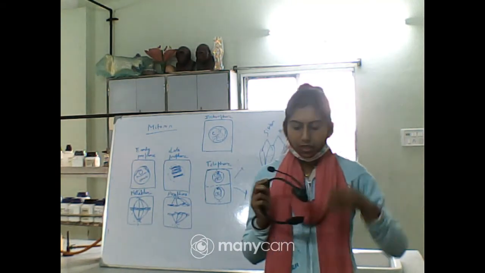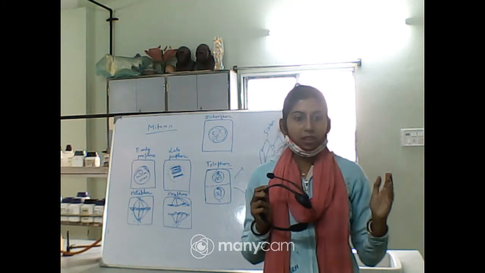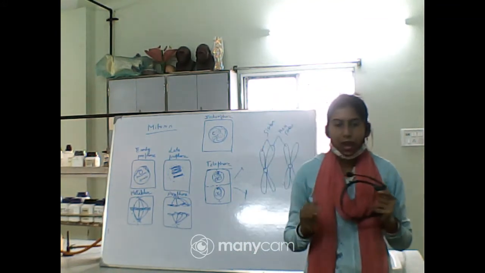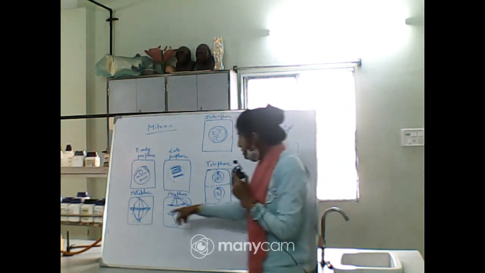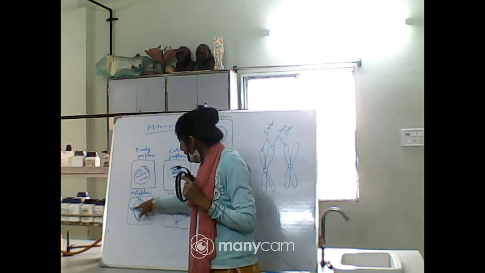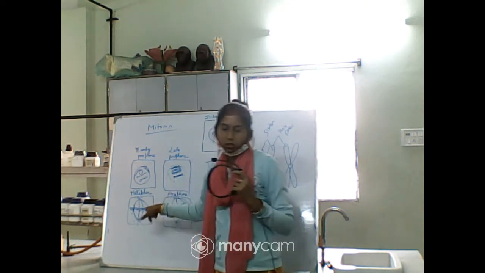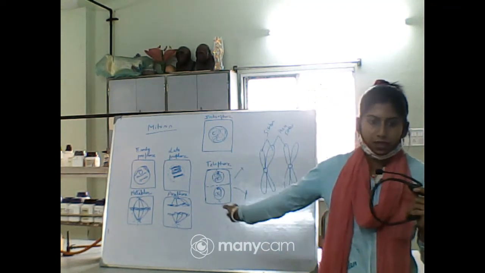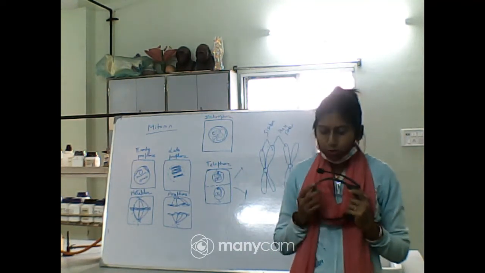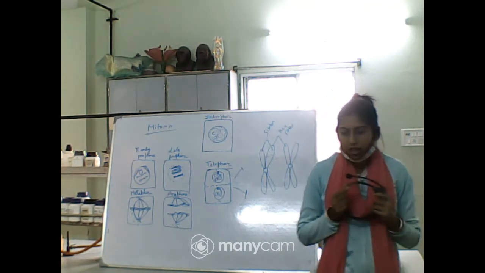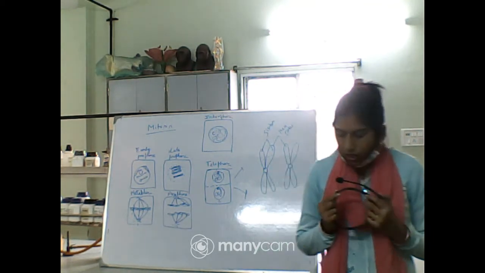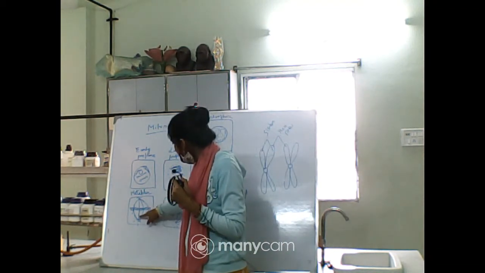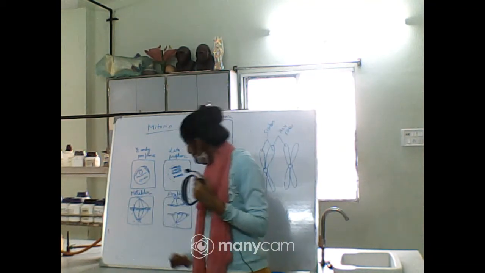The main identifying criterion of this phase is that the chromosomes are arranged at the equator, the equatorial plate or equatorial plane. The chromosomes are attached to the spindle.